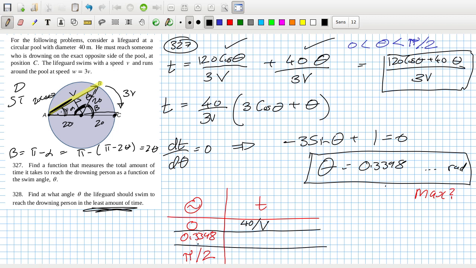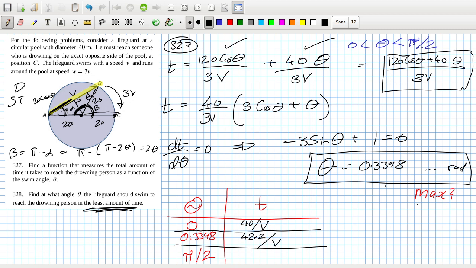And then when we put in 0.3398, so 120 cos that plus 40 times that. That's going to be a little bit messy, but that is 42.2 over v, roughly.